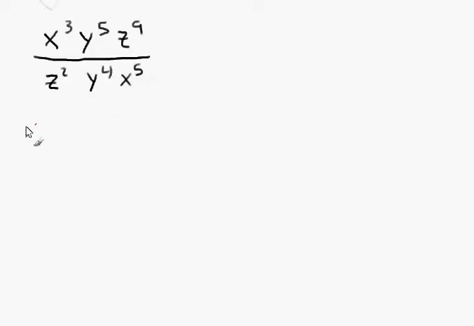So let's take the expression x cubed, y to the 5th, z to the 9th, divided by z squared, y to the 4th, x to the 5th. And now what we're going to do is we're just going to break it up. We'll first take our x's and write them in their own parentheses.